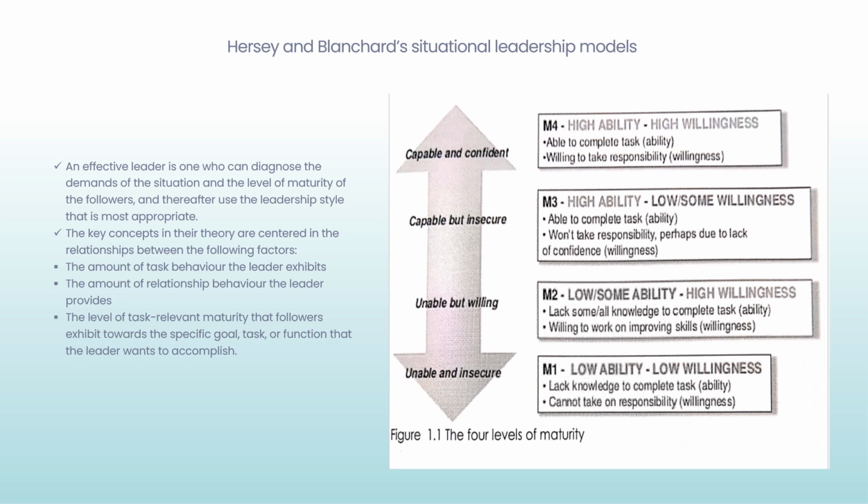There are 4 levels of maturity for the followers. We start with the first one, the low level. Low ability, low willingness. This is an unable and insecure follower, because all the followers don't have the same level of maturity. Then you have to know each and every one, so that you'll be able, when you interact with them, to take them to the high level. That is leadership, to influence someone.